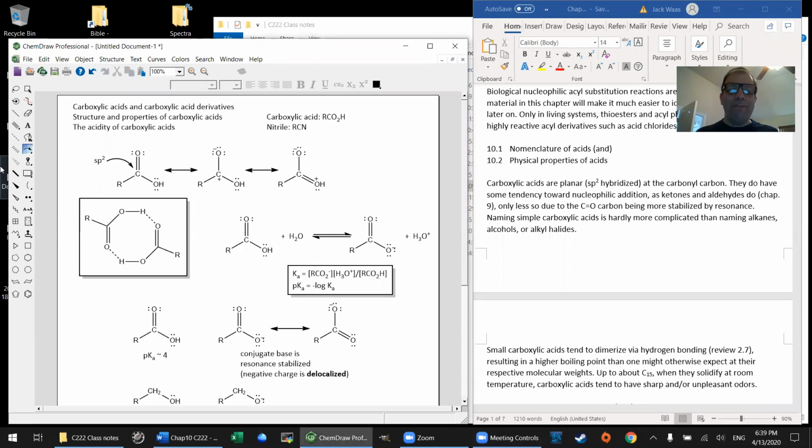Welcome back, everyone. Let's start chapter 10 today, which covers the rest of our carbonyl compounds, namely carboxylic acids, and then also all of the so-called carboxylic acid derivatives, meaning compounds that are related both by structure and by being able to interconvert one to the other to carboxylic acids.